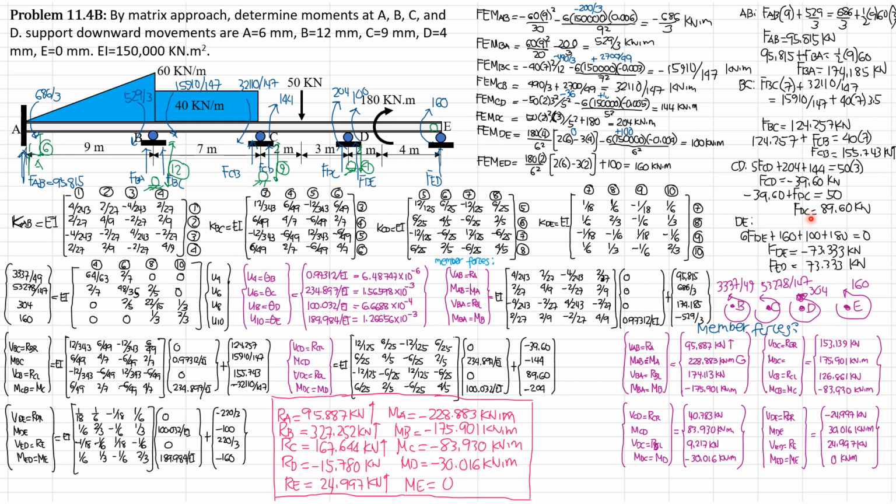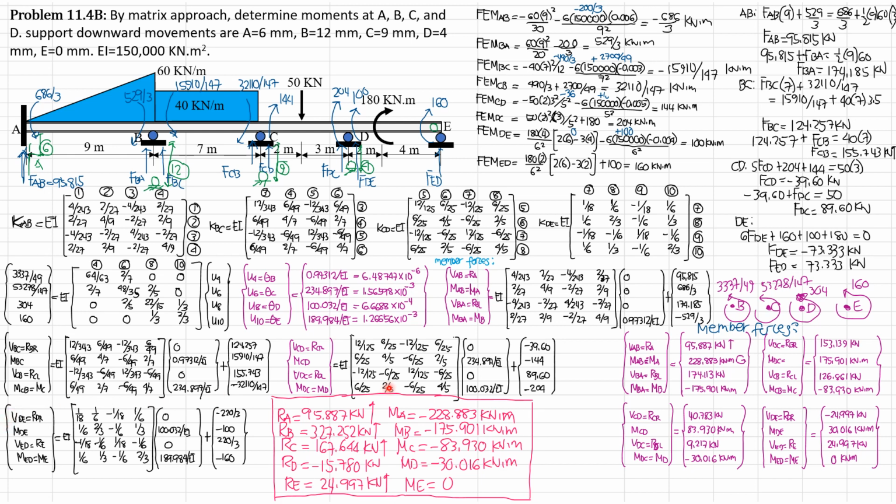FCB 155.743. Then the fixed end moment, this is clockwise, so negative 32,110 over 147. So the product of this matrix and this plus these fixed end forces, we get 153.139, MBC 175.905, shear C left 126.861, moment C negative 83.93, which is correct.